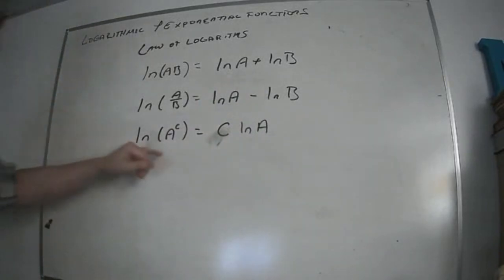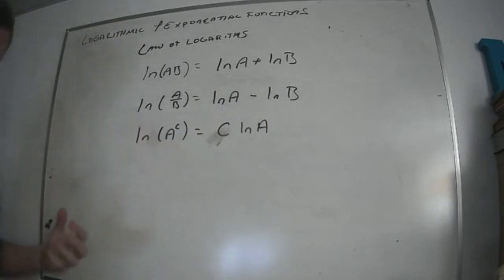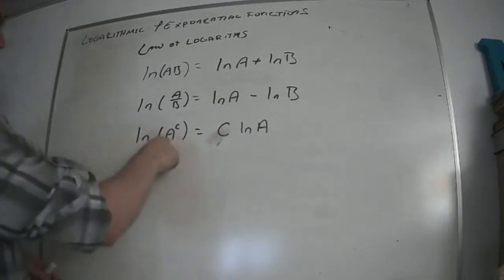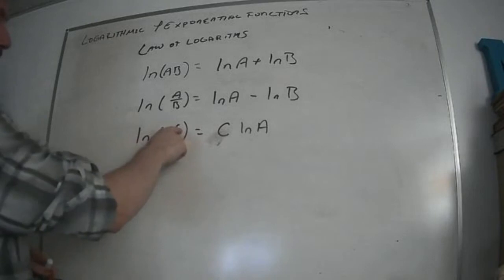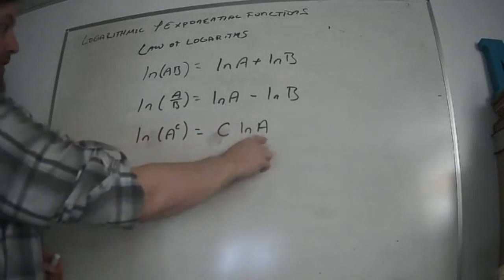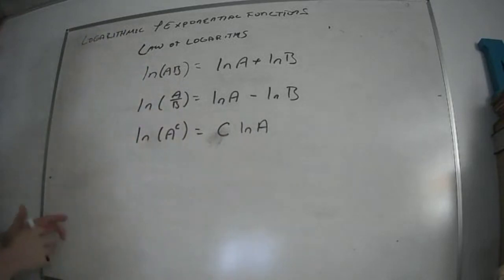Because the term inside the logarithm is an exponent, we go to the rule of what happens when you multiply exponents. Well, if you raise an exponent to an exponent, what you're really doing is multiplying the exponent. So that's really what we're doing here. These laws of logarithms are in fact the same as the laws of adding, multiplying, and dividing exponents, because they are exponents.